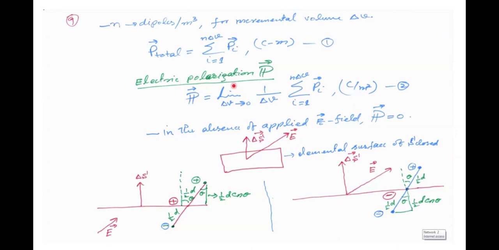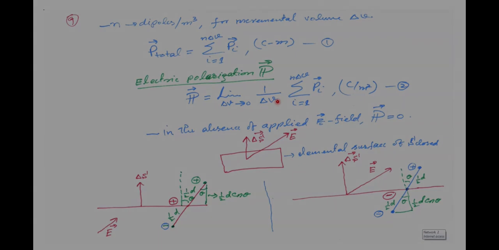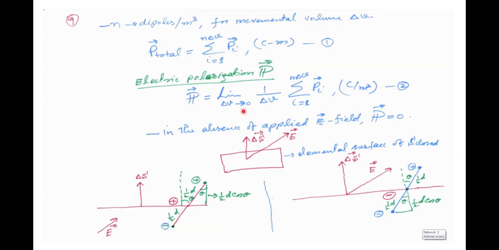The electric polarization, that is the net effect of all those dipoles in a sample of dielectric material, is also known as the density of electric dipoles, and is given by equation number 2, that is dipole moment per unit volume when the volume shrinks to 0.